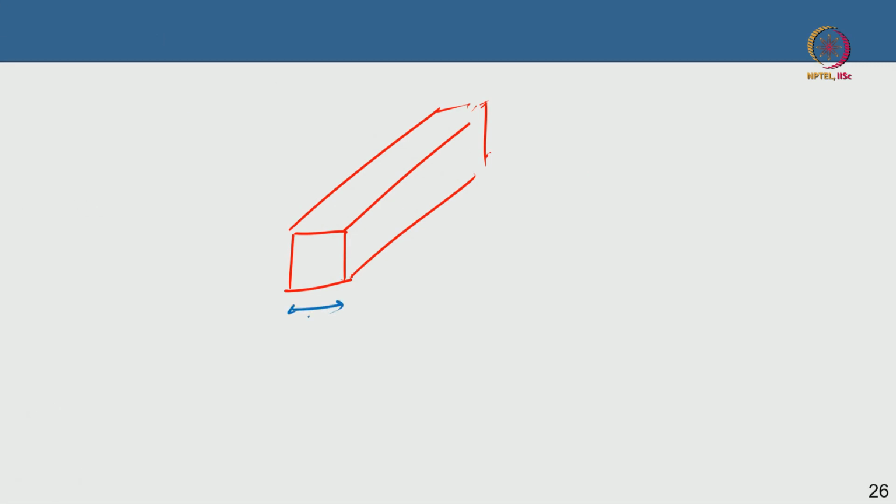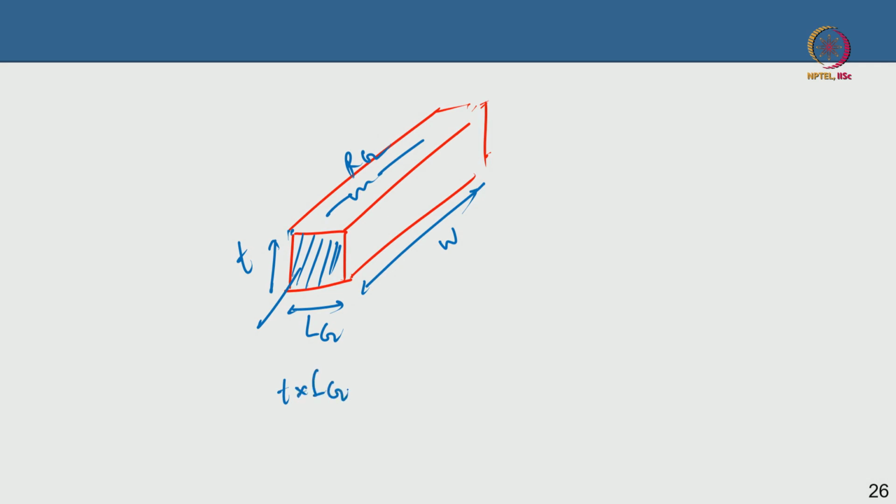This is your gate length, this is your gate width, which dictates the current and also affects the noise, and this is the height of the metal. Now see this cross section area, the gate resistance. So the cross section is T into Lg, correct.